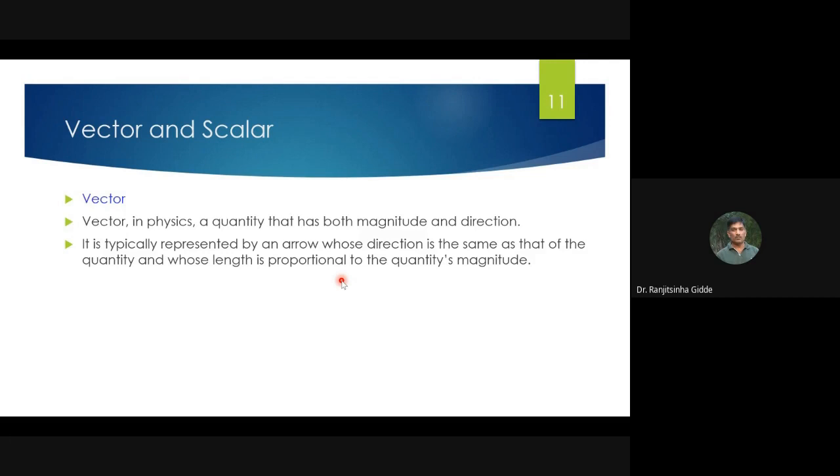It is represented by an arrow whose direction is the same as that of the quantity. For velocity and acceleration, we need to represent direction also, and for that these small definitions are required.